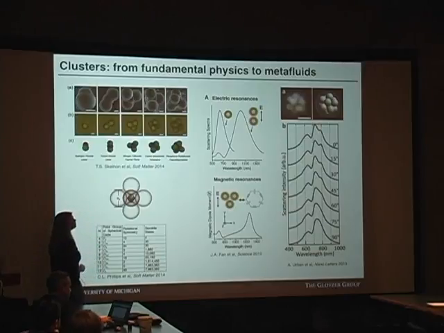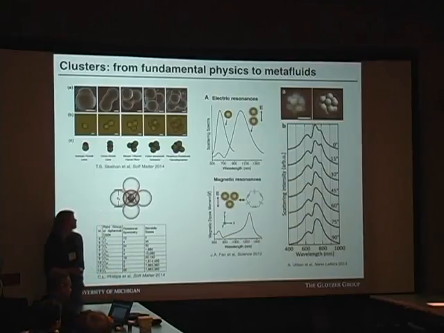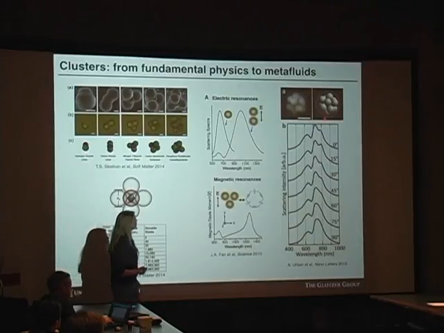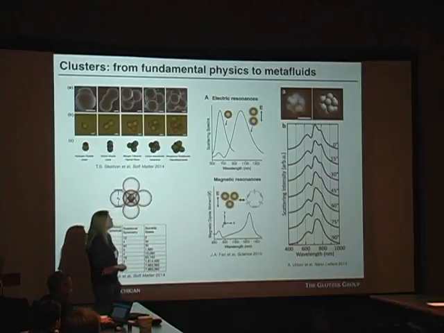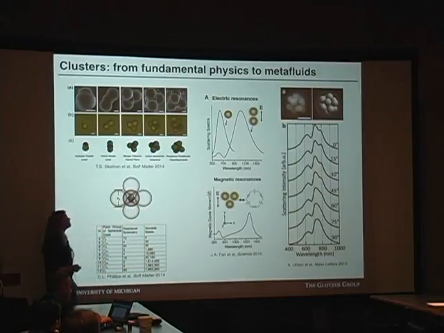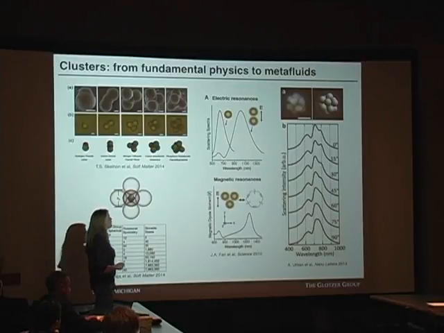In 2D, this has been studied a lot, but recently experimentalists and theorists have started getting interested in three-dimensional plasmonic nanoclusters, for example something with icosahedral symmetry. If you have a certain type of symmetry, you can create, or they hope you can create, something called a metafluid that has an isotropic optical response.